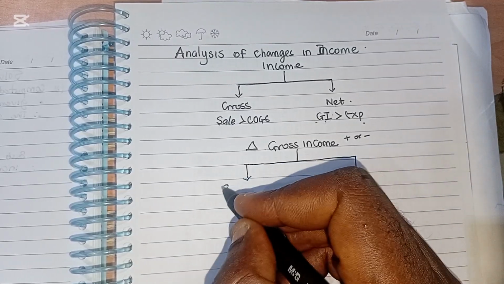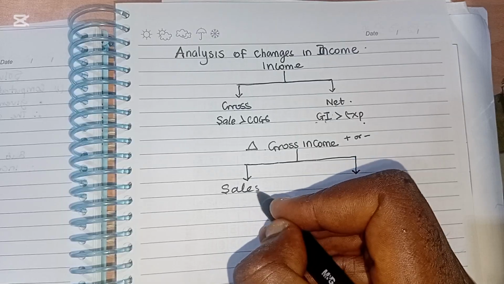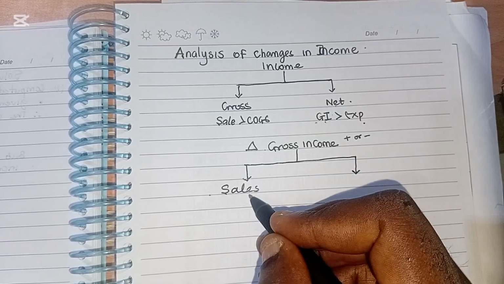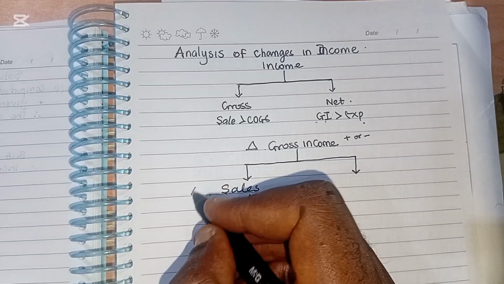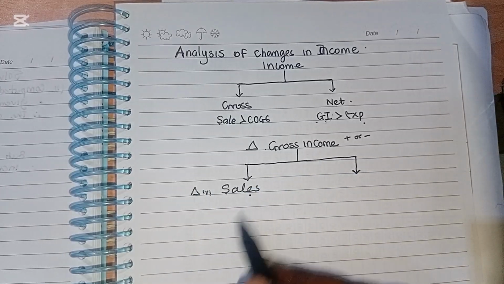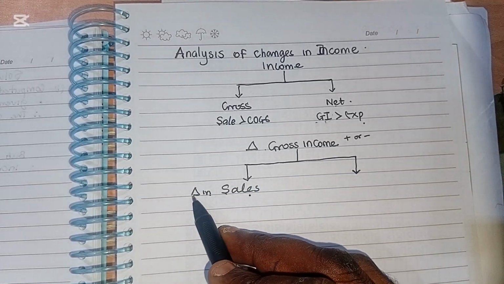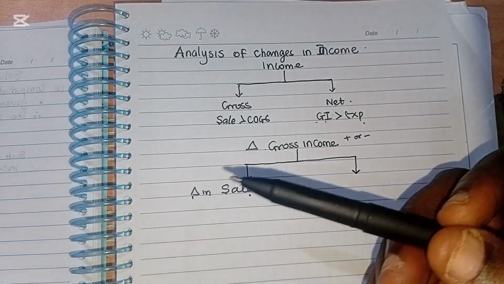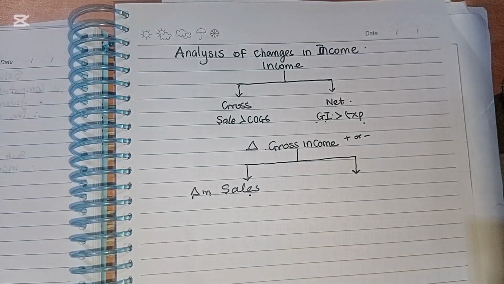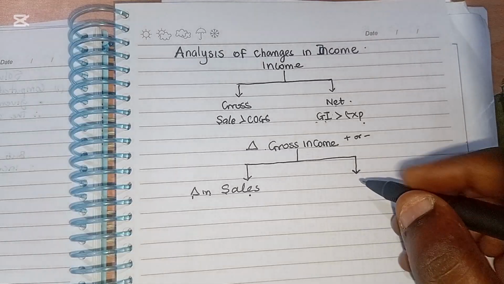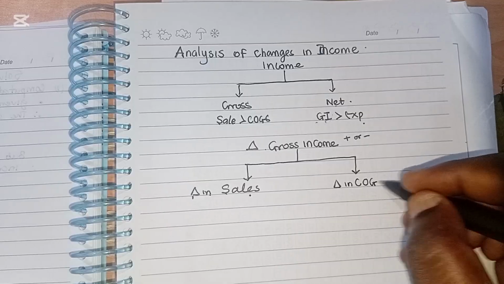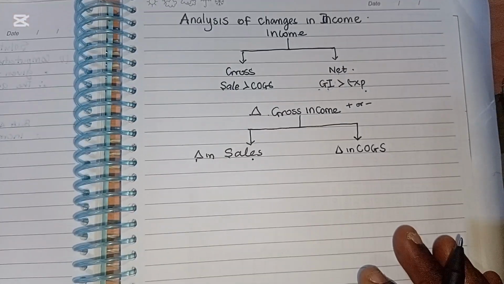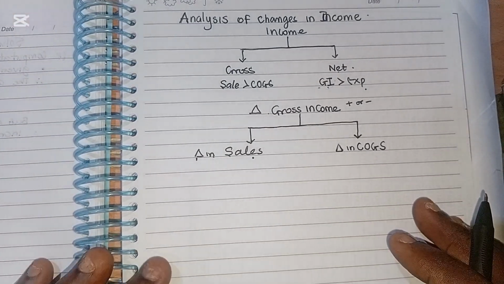Number one, the sales: a change in sales will affect the gross income. And when I say change, we talk of an increase or decrease in sales, every other thing remaining constant. Or a change in the cost of goods sold.